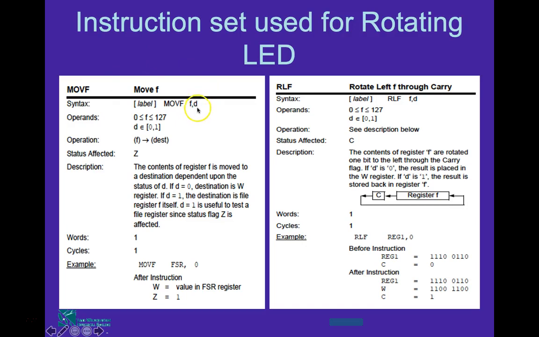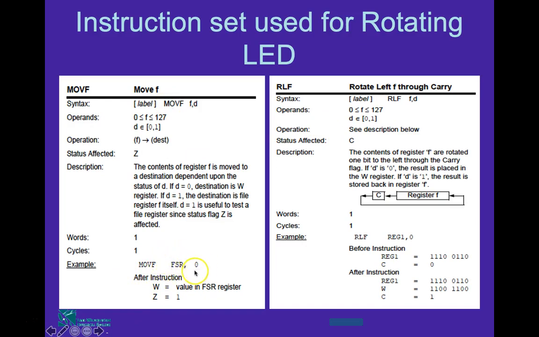If you put d equals 0 in your program, you're trying to put the content into the working register, and if you use d equals 1, it means you're trying to put the content into the file register. This was the syntax, and then an example is given. For example, MOVF FSR comma 0.